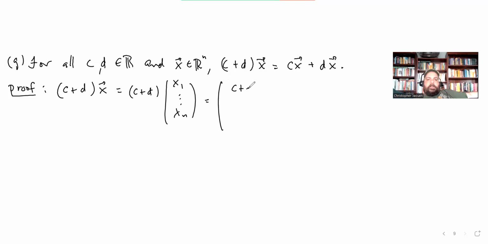And by the definition of scalar multiplication, and there's a distributive law for real numbers.